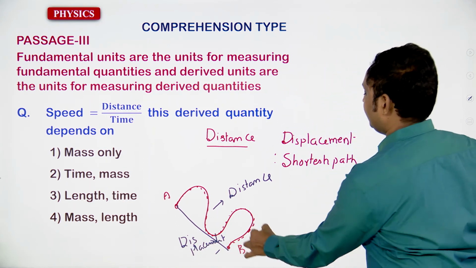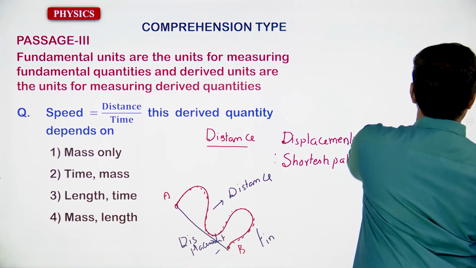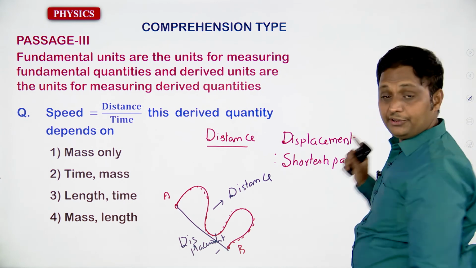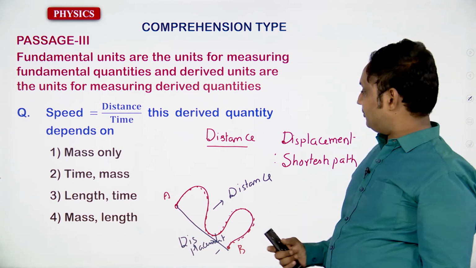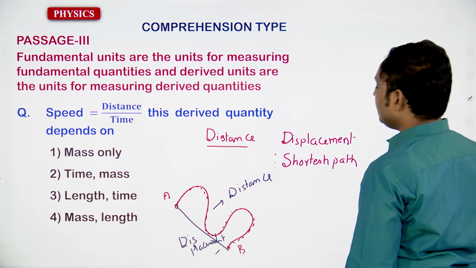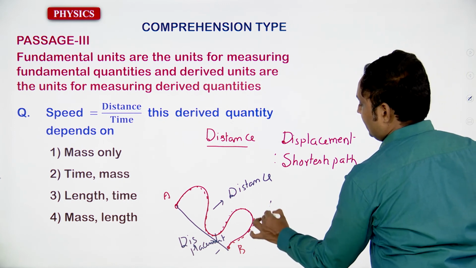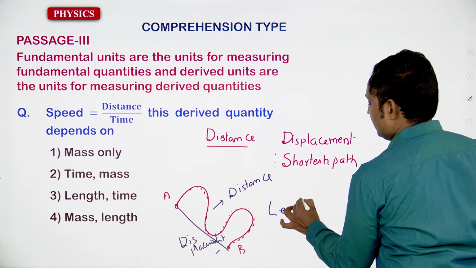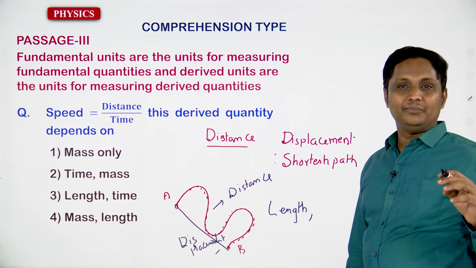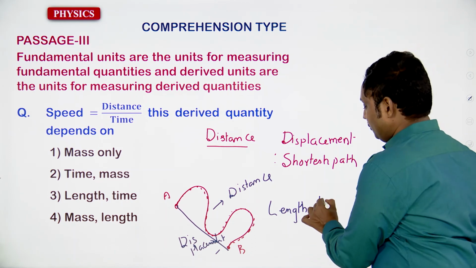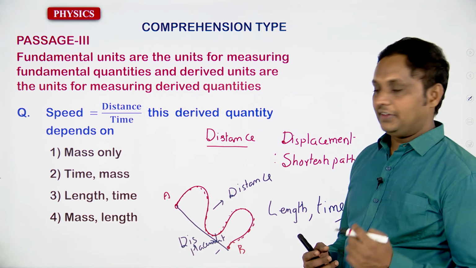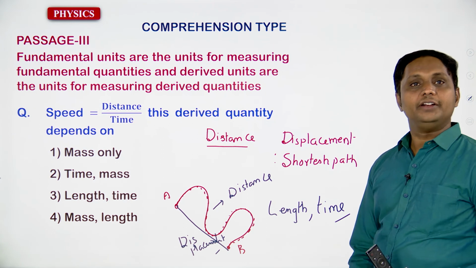Okay, we have taken that time is one quantity, that is very clear. We would like to take length, the actual length, just you have to take length and time. Length and time, these are very important, you have to confirm. It's very easy to represent.